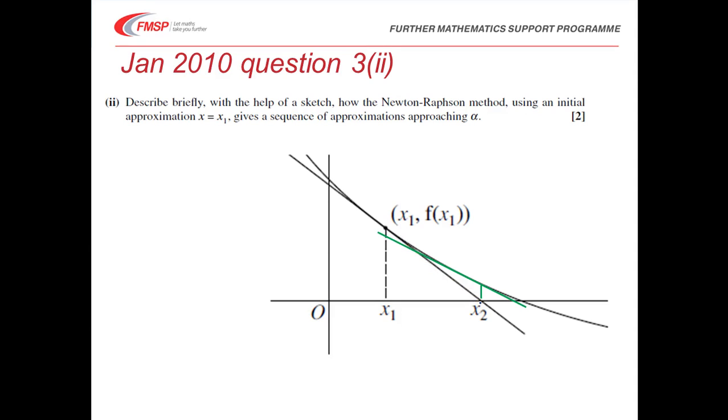Then I've drawn a line up to the curve at this point, and now I'm going to draw a tangent at that point, and this will give us our next value. We would call this x3. You can see we're getting very close to the root, but if we zoomed in, we could probably put in another tangent. That's the sort of thing that we need to do in this question.